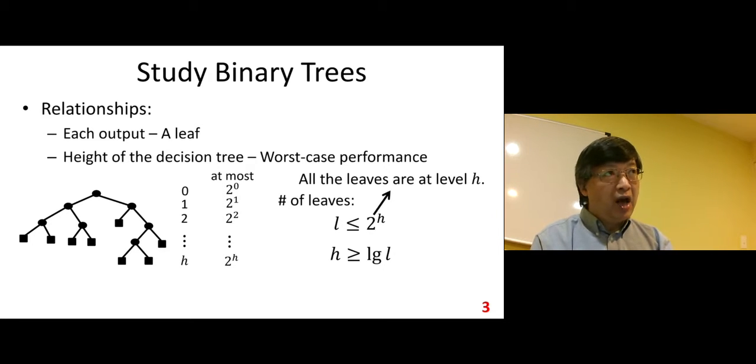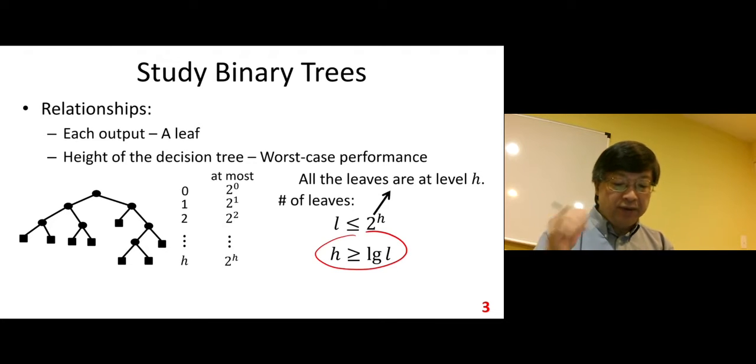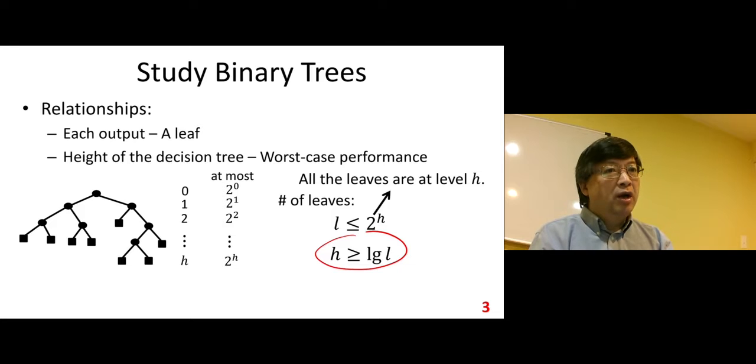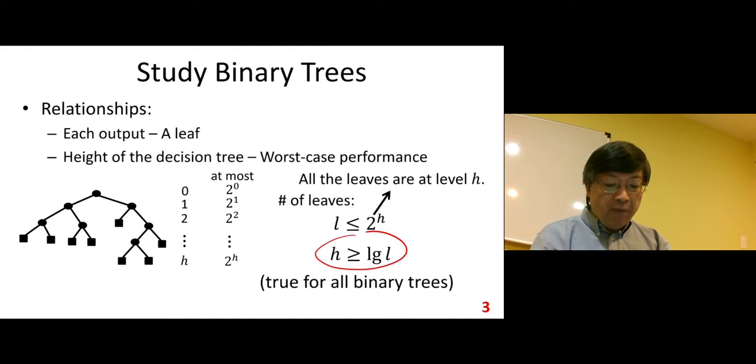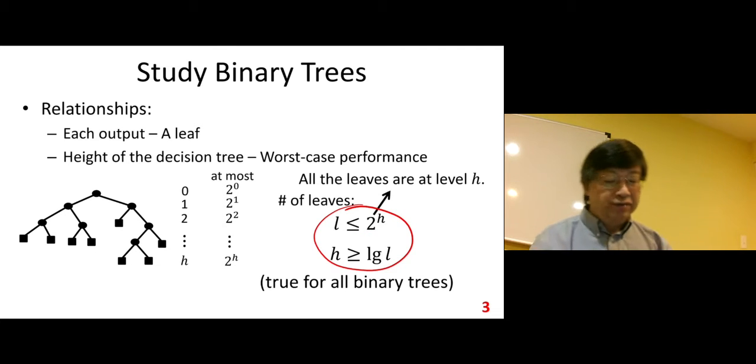Then we take log base 2 of both sides and get this inequality. We know H must be an integer, so we can take the ceiling function. I want to mention that these two results are true for all binary trees, not necessarily full binary trees.